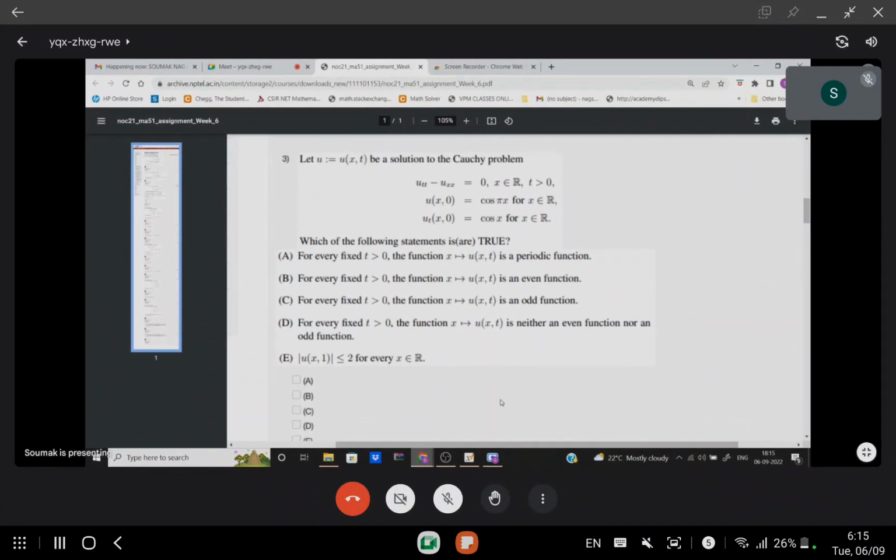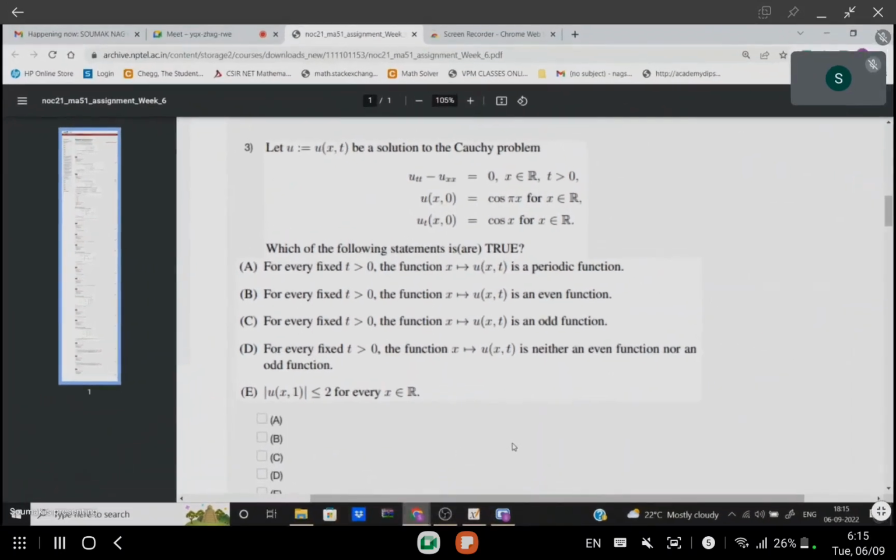Okay, so question number 3 is a true false type question and you have to check the options. Let u of x, t be the solution of this Cauchy problem, which is a wave equation. u_tt minus u_xx is 0, where u of x, 0 is cos pi x here and u_t of x, 0 is cos x for every x belongs to R. Then which of the following statements are true? For every fixed t, the function x goes to u of x, t is a periodic function.